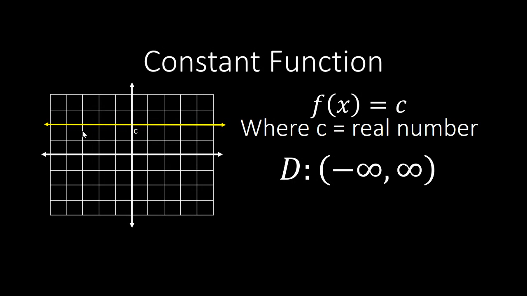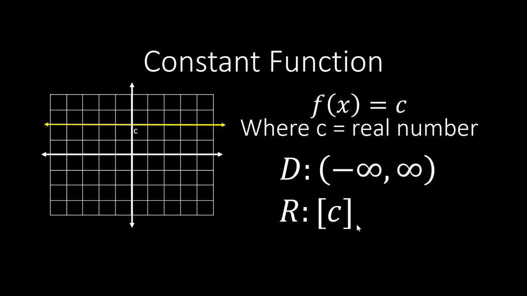Every single coordinate is going to be something comma c. Like this is 2 comma c, 4 comma c, and negative 2 comma c. The y value is the same. It's a horizontal line. It is no different than writing y equals c, so the range is simply c.